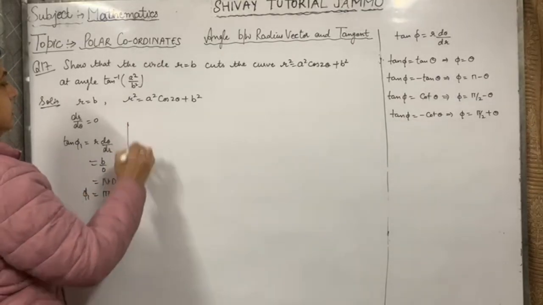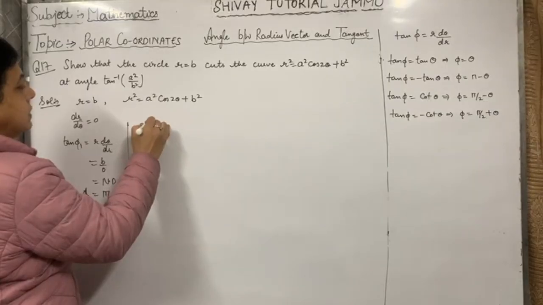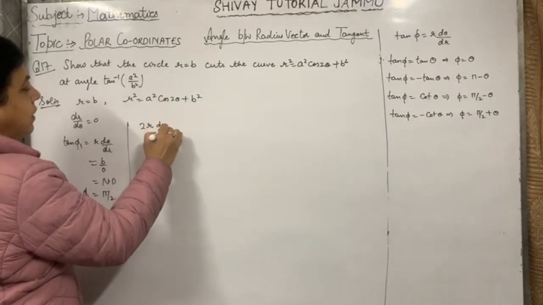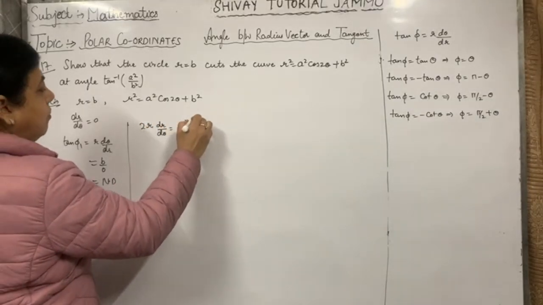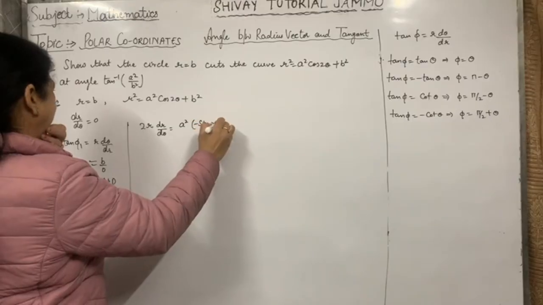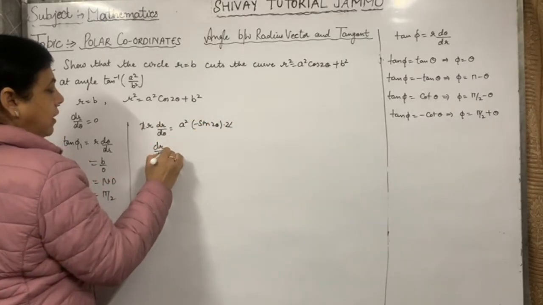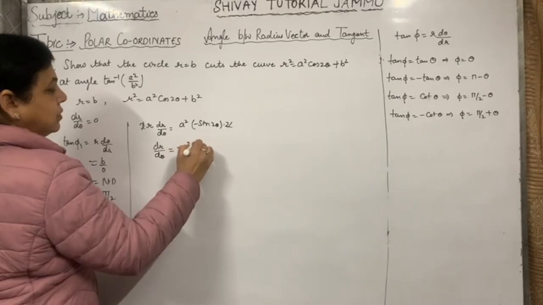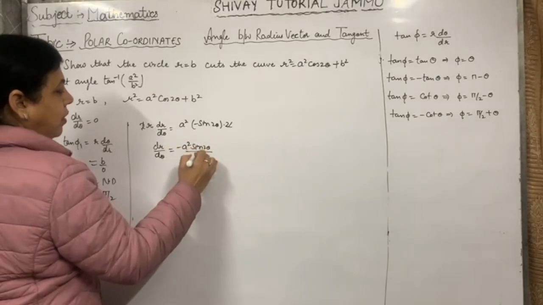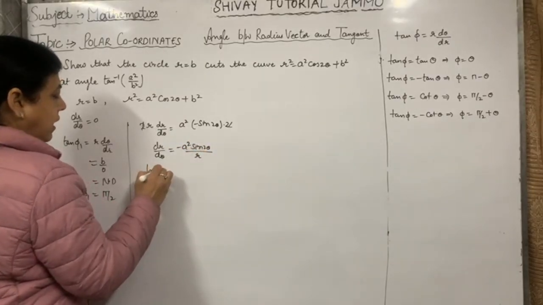Clear? In second case, twice r dr by d theta is a square minus sin 2 theta into 2. 2 cancels. dr by d theta is minus a square sin 2 theta upon r. What is tan phi 2?